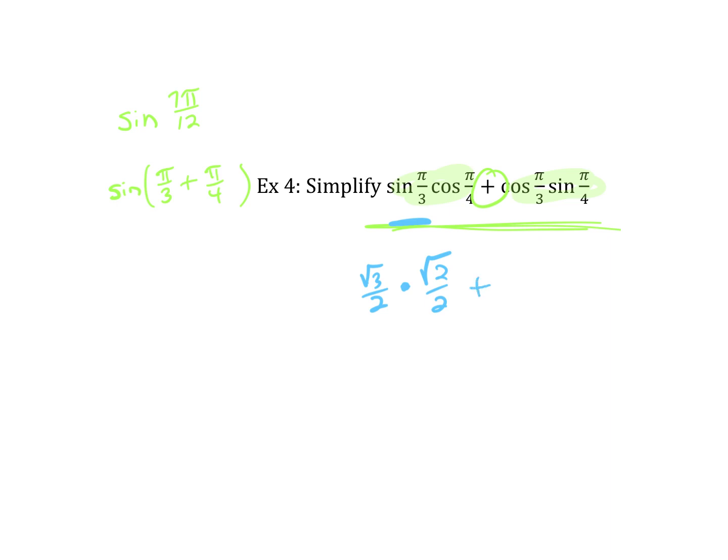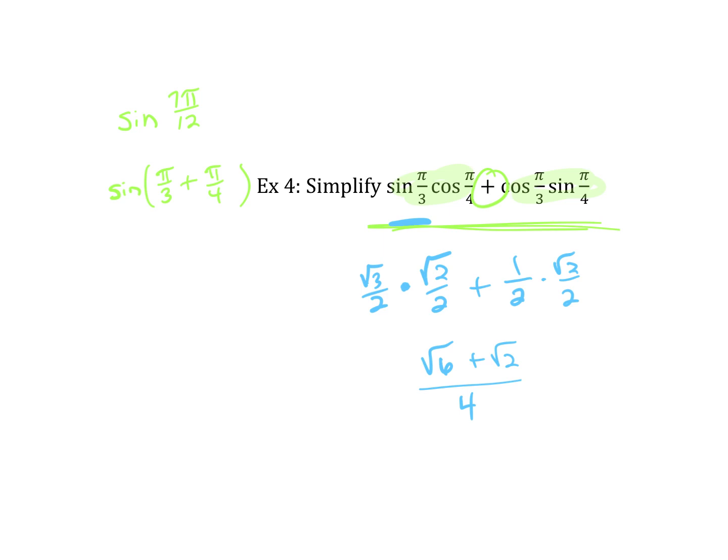Plus, and then cosine of pi over 3, Sebastian? Square root 3 over 2. Cosine. Oh, 1/2. 1/2, good. Times sine of pi over 4 is going to give us root 2 over 2 also. So we combine this together and we get our root 6 plus root 2 all over 4. Okay?